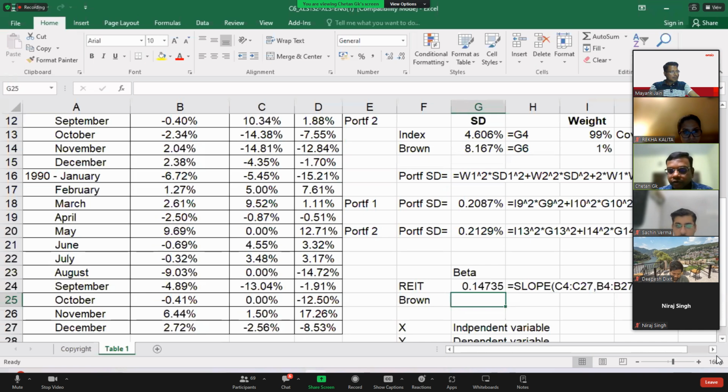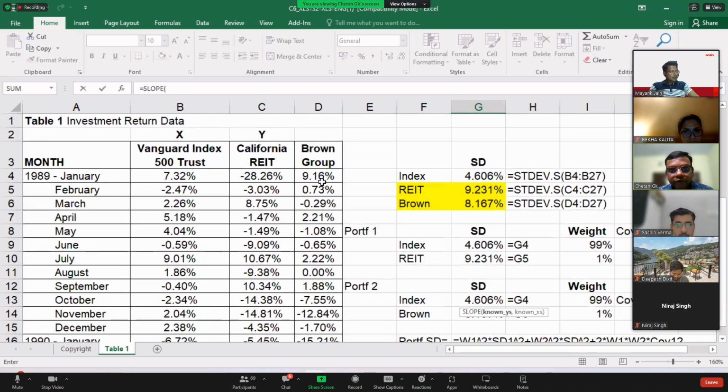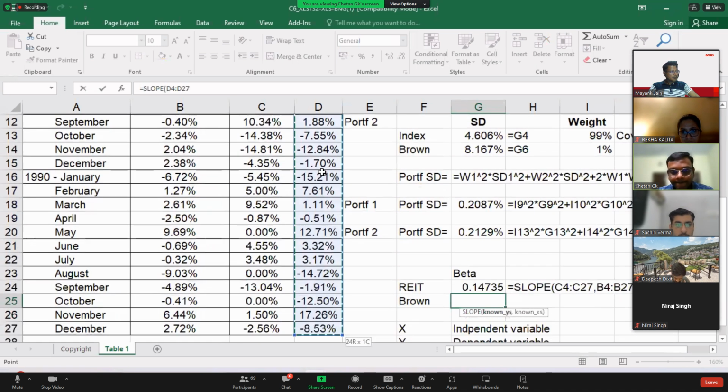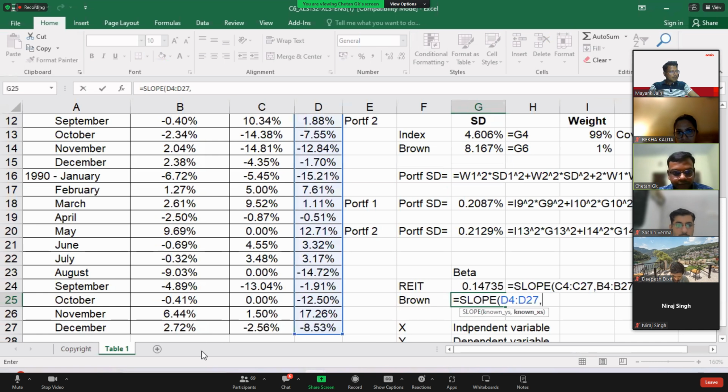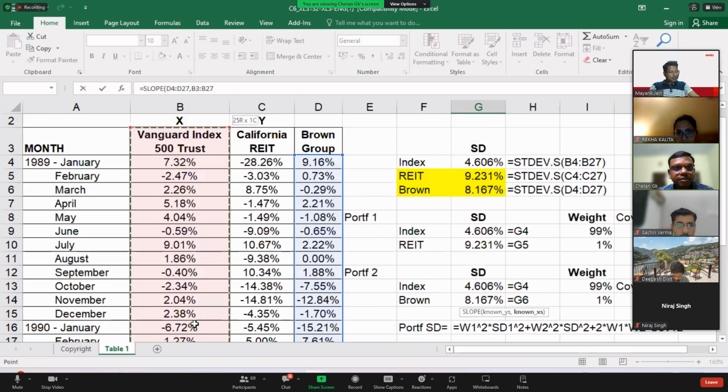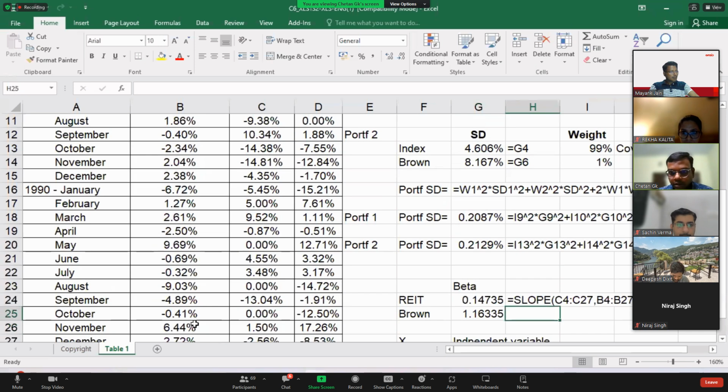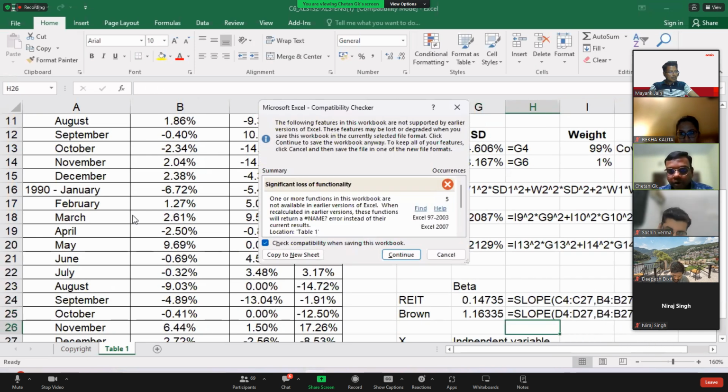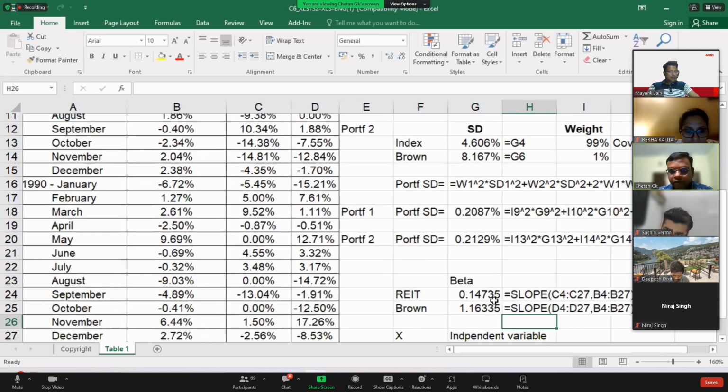Fine. Now I do the same for Brown. SLOPE, as we said, this is y and this is the index. So we have computed the beta of Brown.